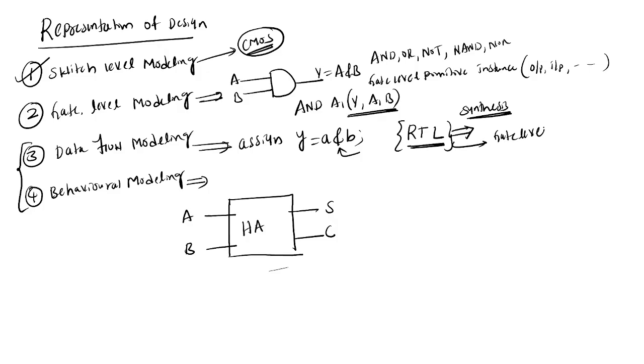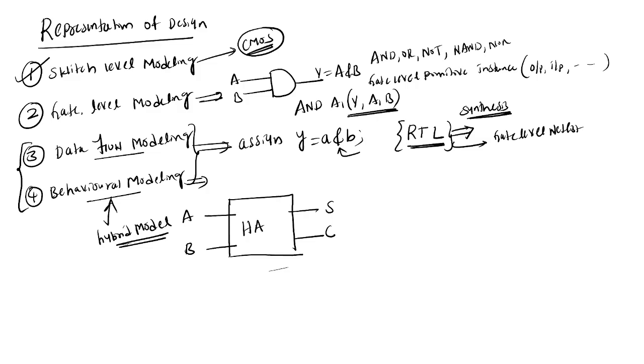Mainly you should write the code in terms of data flow modeling and behavioral modeling, or we can write in hybrid modeling also. Hybrid means both data flow as well as behavioral modeling.